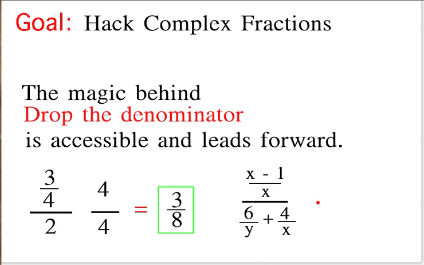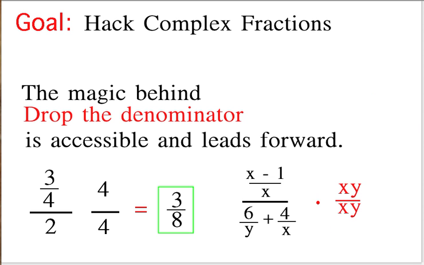And it turns out that would be x over y times x over y. And the same thing would happen here. The x's would cancel in the top, and the y and the x would cancel in the bottom, and the fractions would disappear. So you could see, I'm not going to work this problem out, but you could see the same technique is in evidence here. And so my hack lends itself to what happens next.